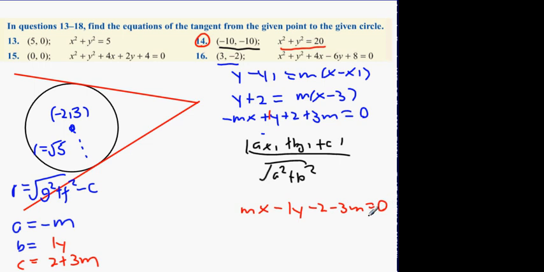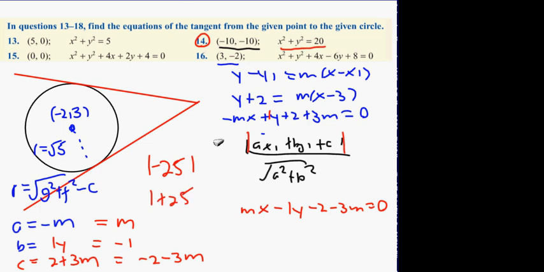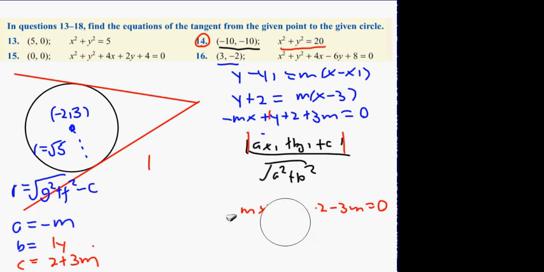So another person who will also get this question right will have A equal to m, B equal to minus 1, and C equal to minus 2 minus 3m. Do you understand why? Because the modulus sign means that it doesn't matter if it's positive or negative. The modulus of minus 25 is the same thing as the modulus of plus 25, so it will result in the same answer. Okay, I'm going to keep with my originals, which are these ones here.